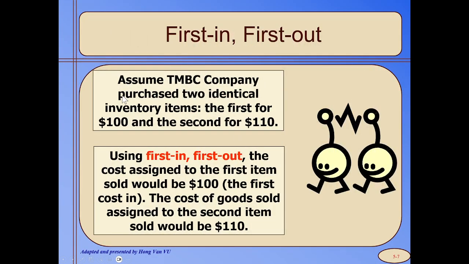Assume that the TMBC company purchased two identical inventory items, the first for 100 and the second for 110. Using first in, first out, the cost assigned to the first item sold should be 100. The cost of goods sold assigned to the second item should be 110.